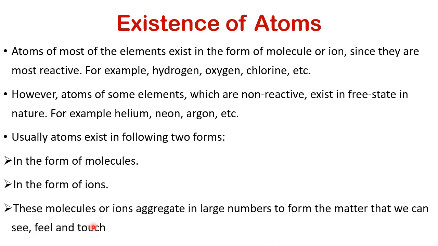Whatever we see, a pen for example, is an aggregation, a group of many atoms or many molecules or many ions. That's why we feel it. Otherwise, we don't feel small microscopic atoms. I think you understood. They're very small, and they don't exist as single atoms. They occur in the combined state.